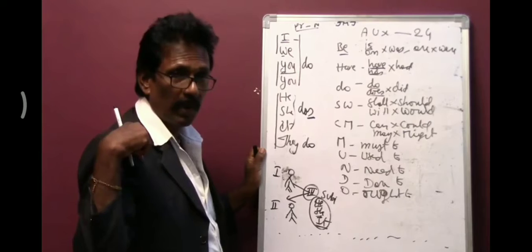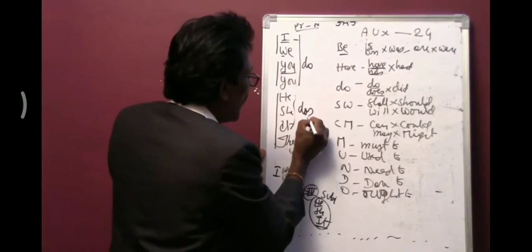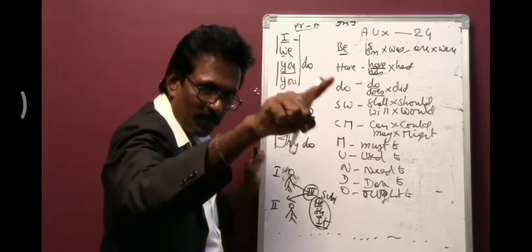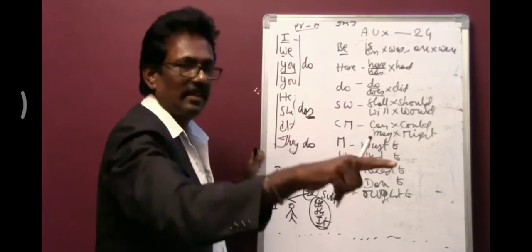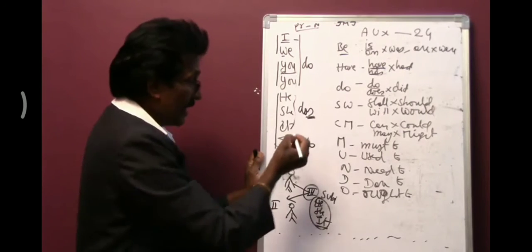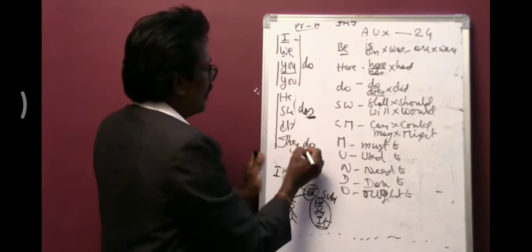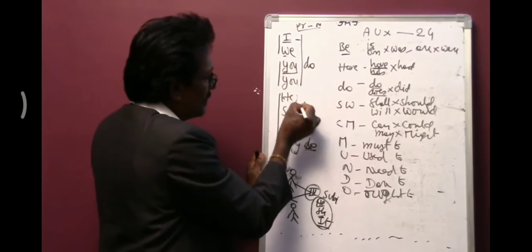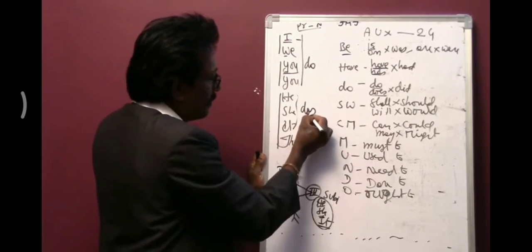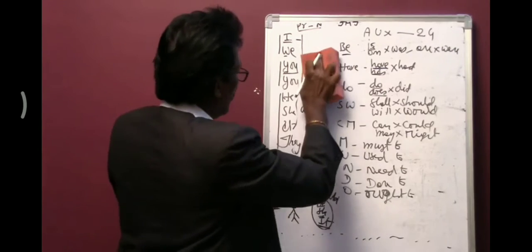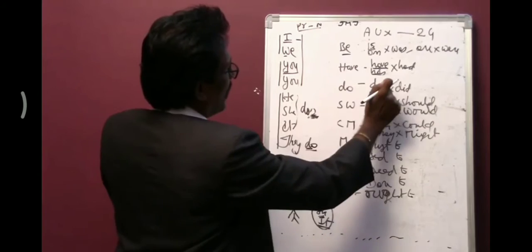I do homework, he does. Does indicates the gender, maybe male or female or thing. For singular things you can add s or es. My father does. My sister does. So s focuses on the gender. Did is the past of do and does.